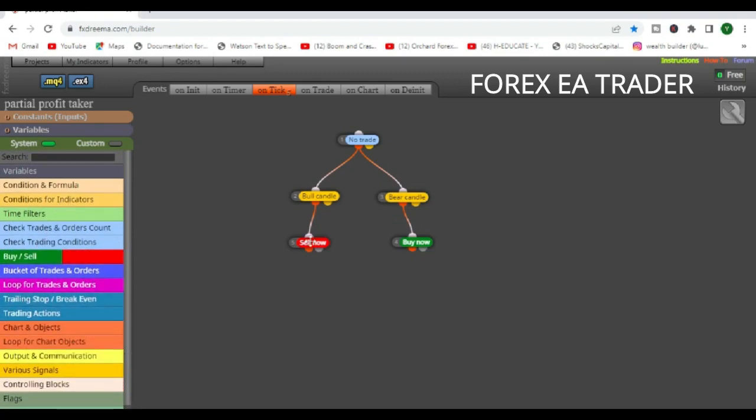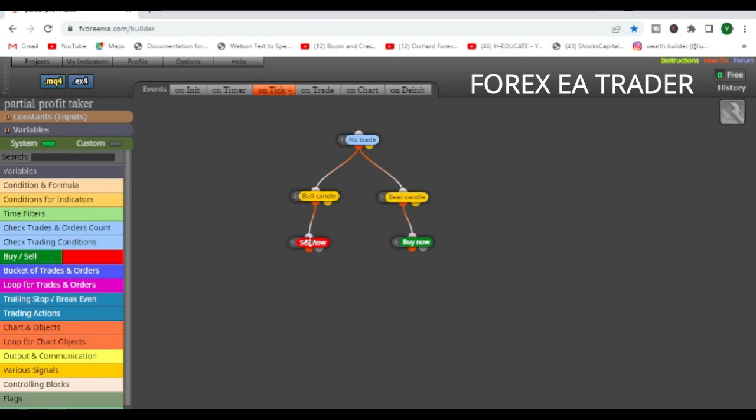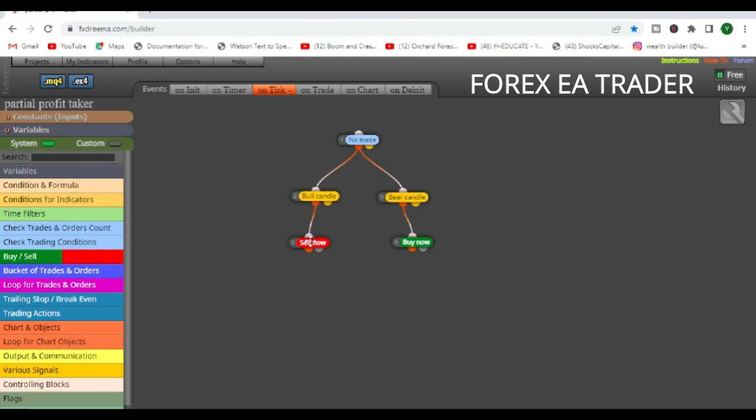Many people have been asking for me to show you how to create a robot for Boom and Crash, but nobody has been coming forward with a strategy that they want us to actually use. So if you have a strategy that you are using to trade Boom and Crash, and you think it works, and you want me to point you in the right direction on how you can create your own robot on Fxdreema or on the other EA builder that we have, leave your strategy in the comment section below.